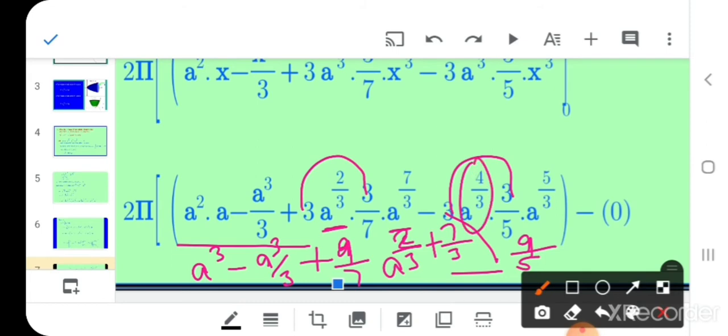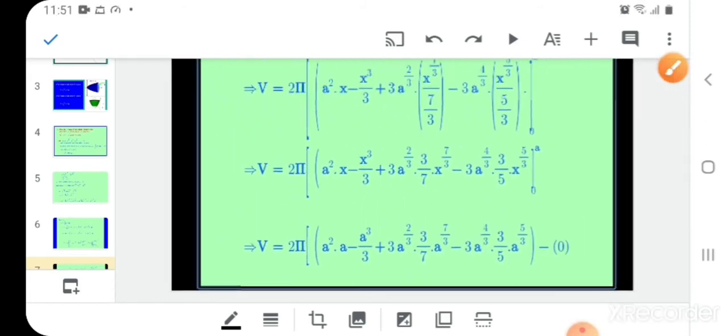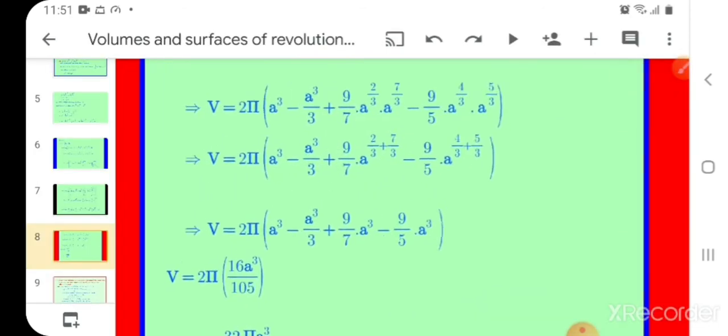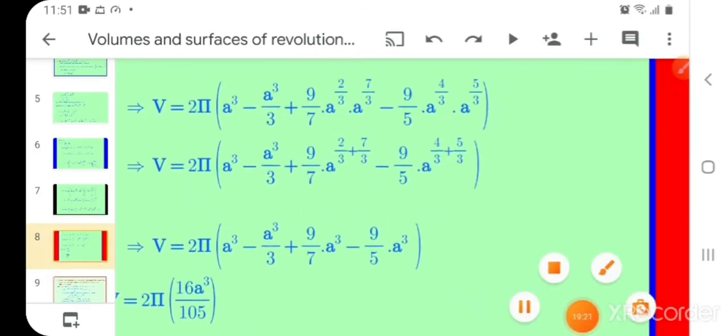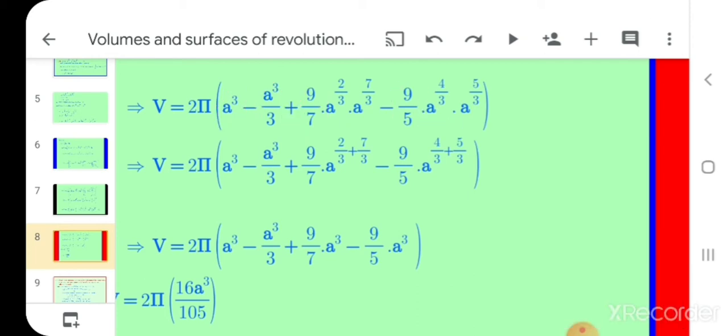Here also we have a power 4 by 3, a power 5 by 3. That means a power 9 by 3. See here. A cube. A cube by 3, 9 by 7. A power 2 by 3, a power 7 by 3. Same 9 by 5, a power 4 by 3, a power 5 by 3.